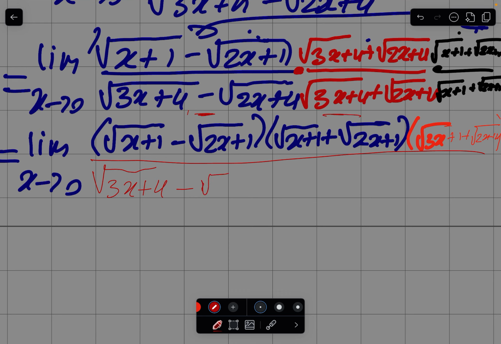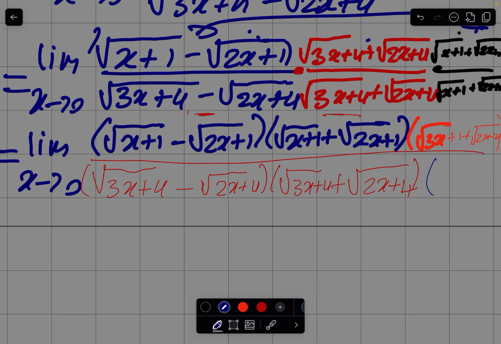Minus square root of 2x plus 4, all multiplied by square root of 3x plus 4 plus square root of 2x plus 4. Therefore, you leave that one. You took this one and this one. You leave this one because you dealt with it this side. You have square root of x plus 1 plus square root of 2x plus 4.